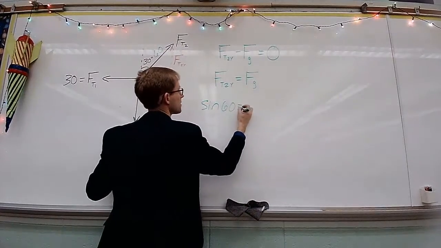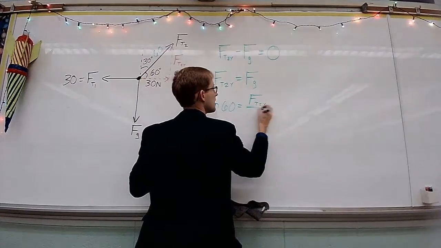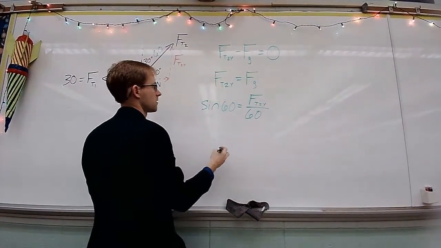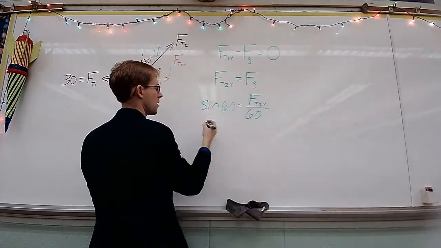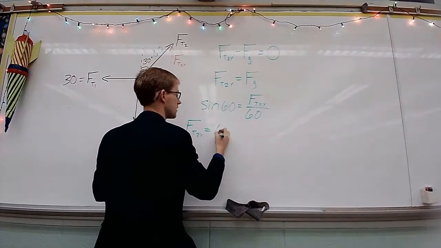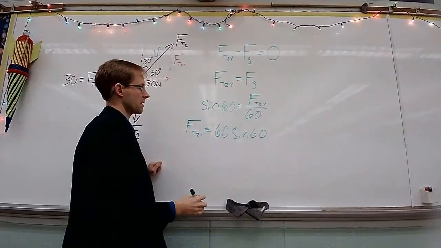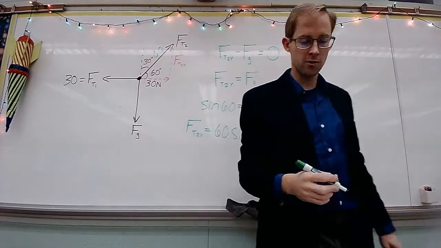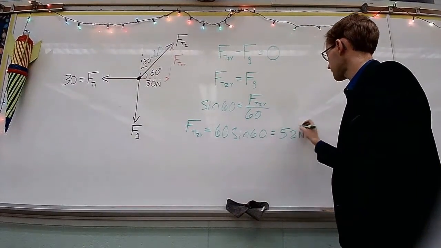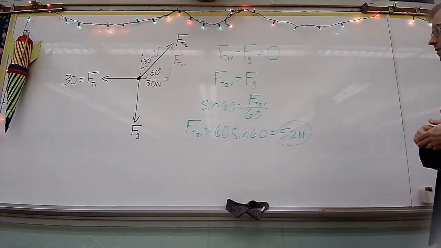So sine of 60 is equal to FT2y over the hypotenuse, which is 60. So tension in the y direction is equal to 60 times the sine of 60. Kind of an interesting equation there. And when you do that math, you'll get 52 solid newtons. So there you go for number 4, letter B.